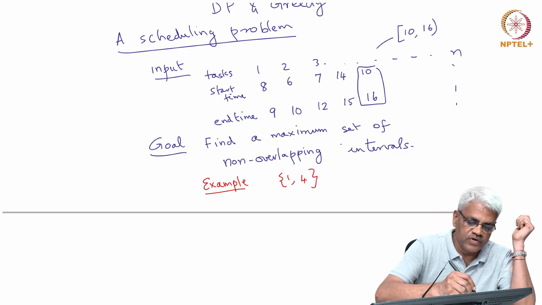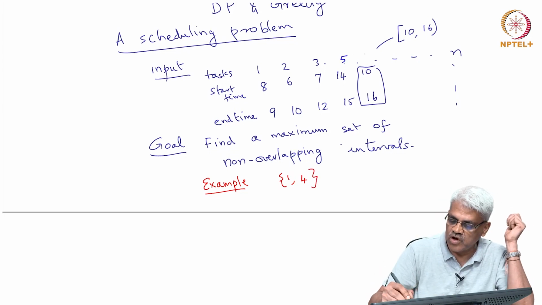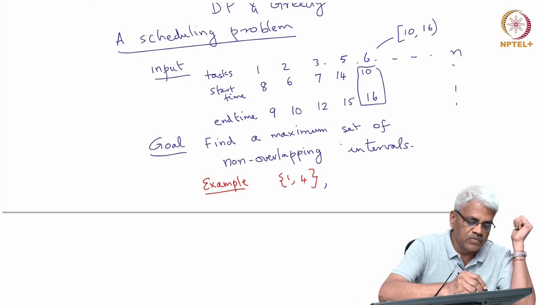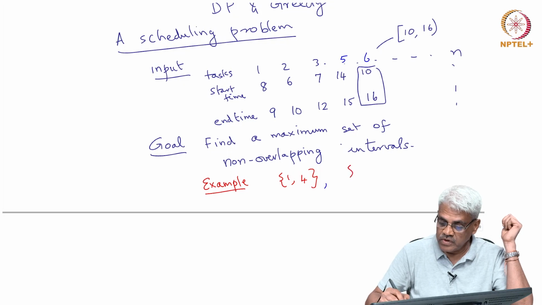Okay, so if these are the 6 jobs I have, here is one example. Another example, I could schedule 2 and 6.